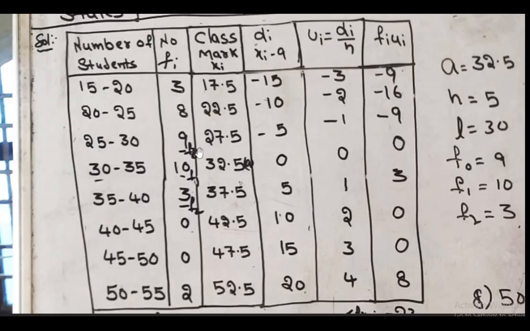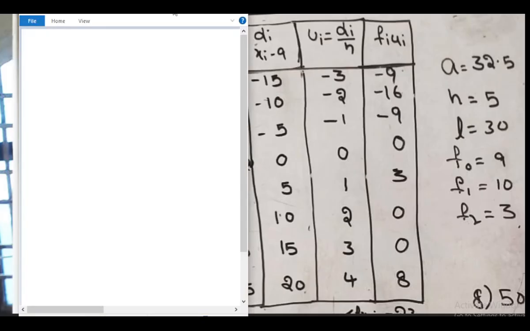That's why we are reducing the data into deviation form and step deviation form to reduce the size of the data. Here the class mark is required to find the step deviation and deviation process.